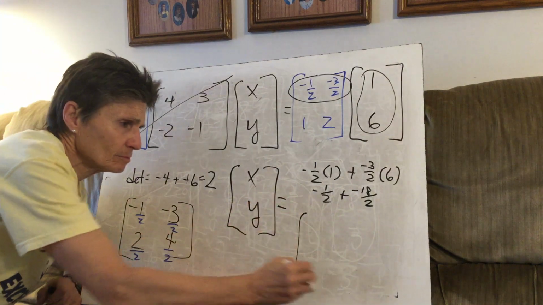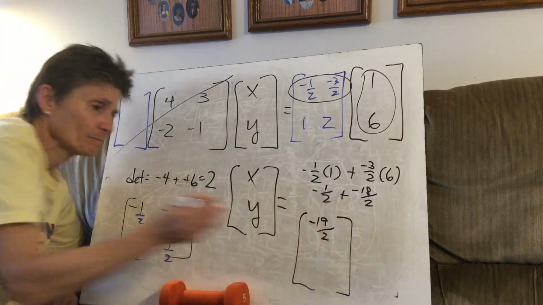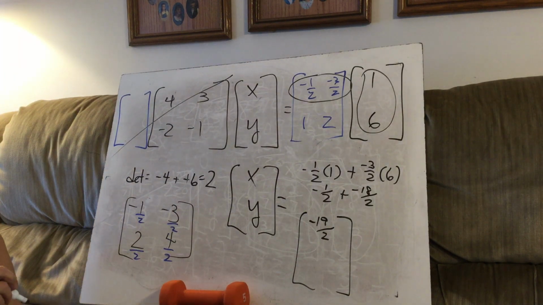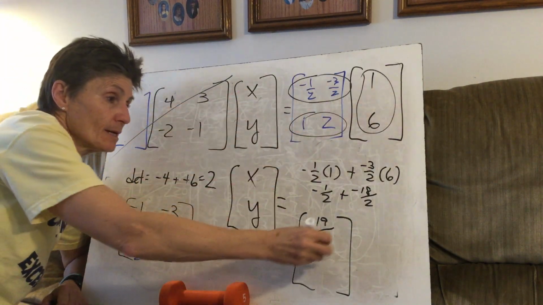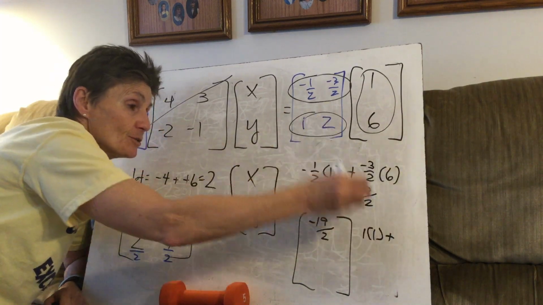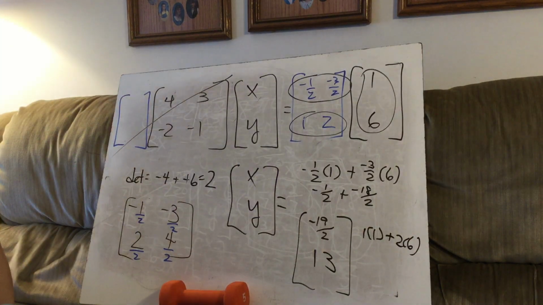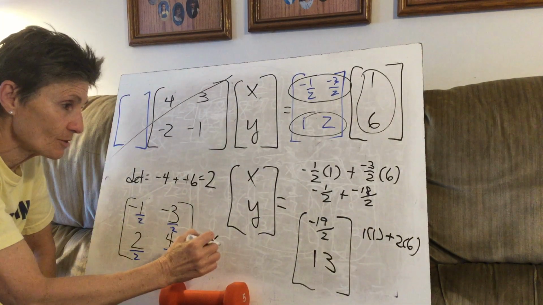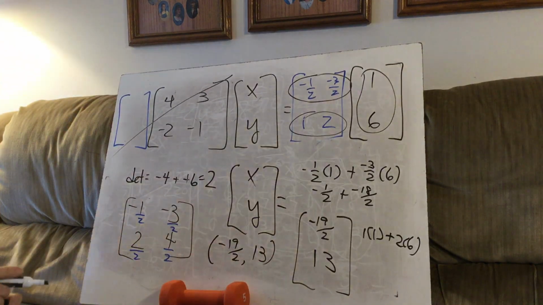Negative 19/2? And then I take the second row times the first column. So that's going to be 1 times 1 and 2 times 6. That's going to be 13. And there's the answer to the question. So your answer is x is negative 19/2 and y is 13.